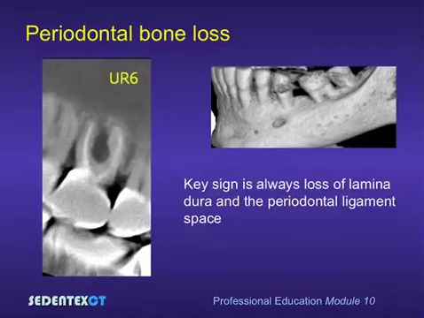When looking for periodontal bone loss, a key sign is always loss of lamina dura and the periodontal ligament space. On the image on the left of the screen here, you can see an upper right 6. Look into the furcation and you will see no lamina dura and no obvious periodontal ligament space.